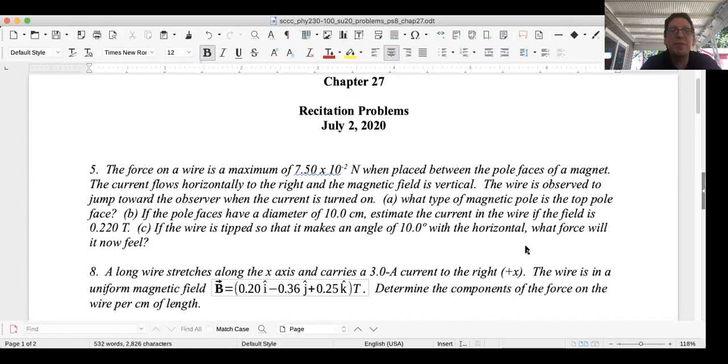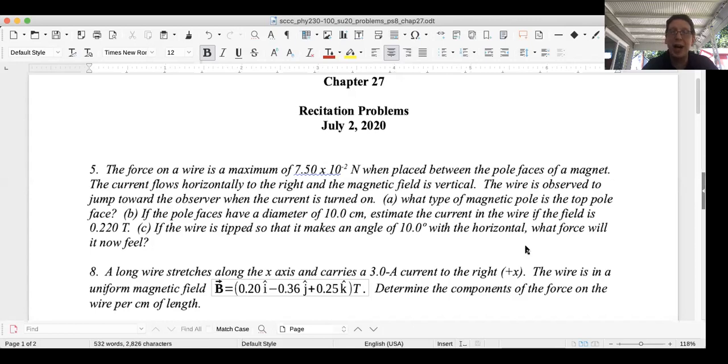For part B, if the pole faces have a diameter of 10.0 centimeters, estimate the current in the wire if the field is 0.220 Tesla. So basically, the field is acting on the portion of the wire that is between the edges of the magnet.